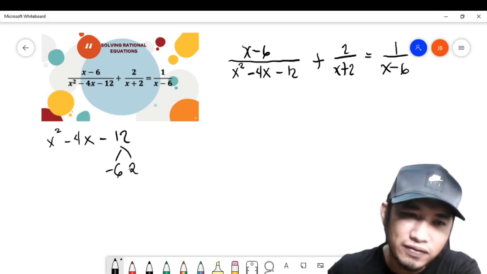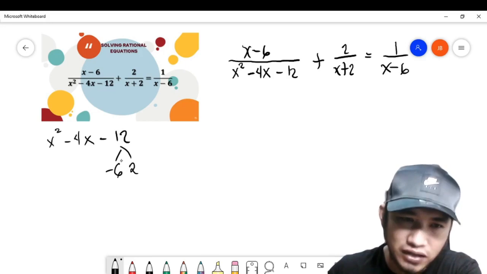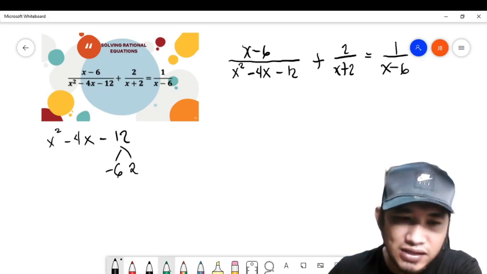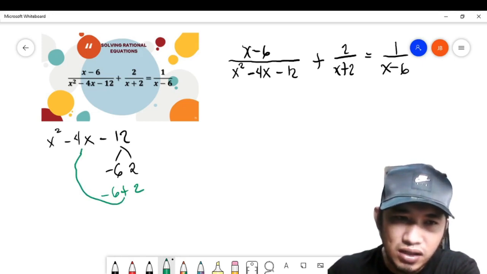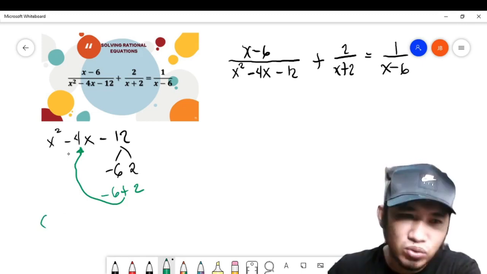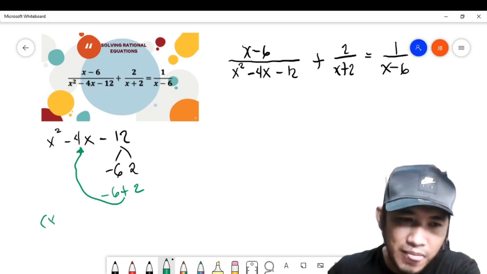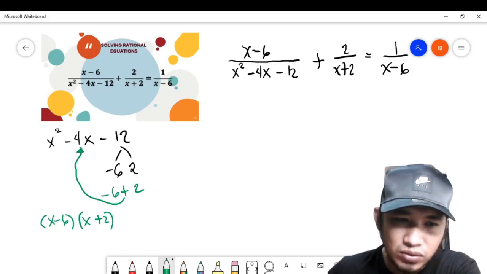Okay, negative 6 times positive 2 is negative 12. Tama. I-add natin sila. Negative 6 plus 2, the answer is negative 4. So tama, the factor of x squared minus 4x minus 12 is x minus 6 and x plus 2.